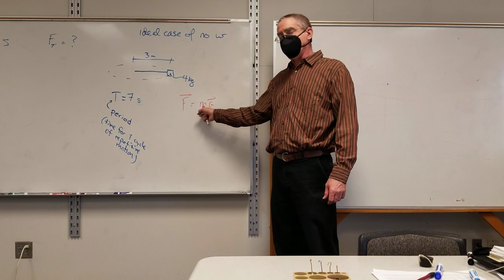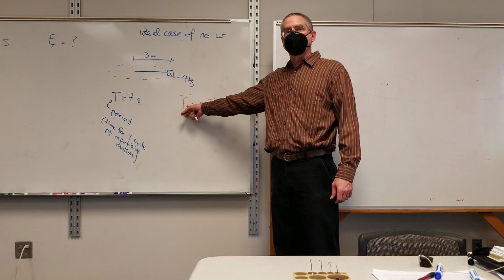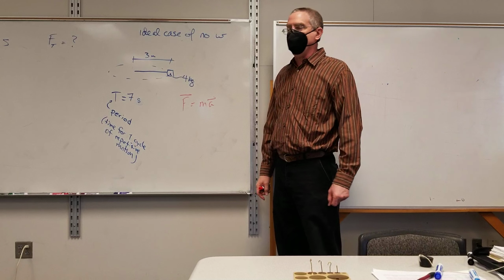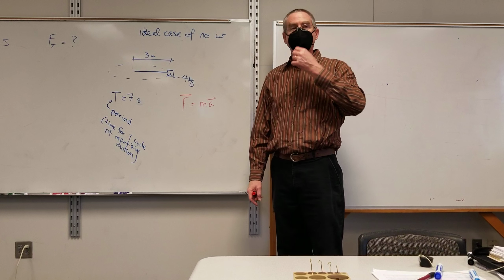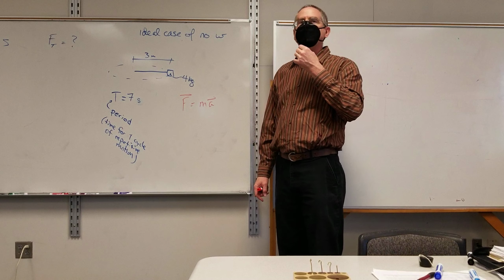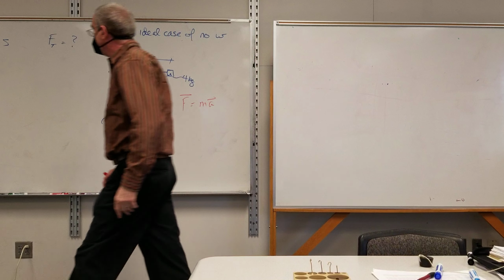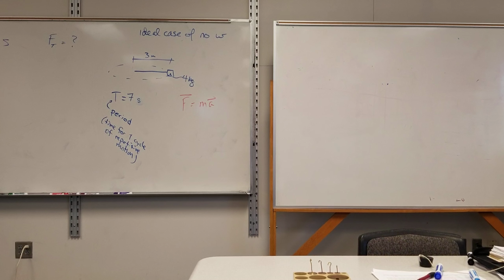So the direction of acceleration has to be the direction of the force. So at this moment in time, which way is the acceleration? Left. Yep. It is towards the center of the circle. Even if we had more than one force, the acceleration is towards the center of the circle.